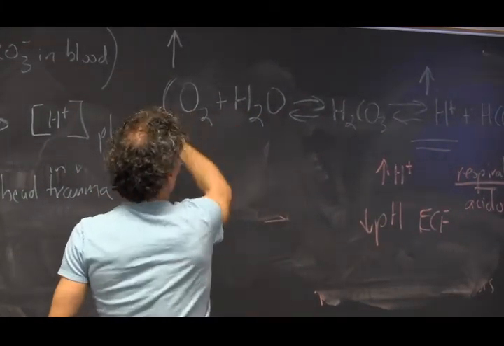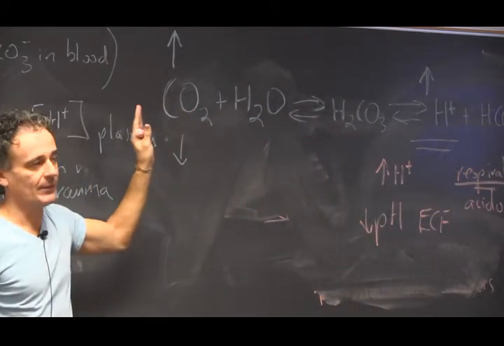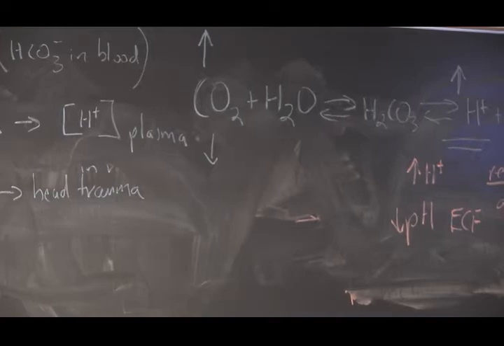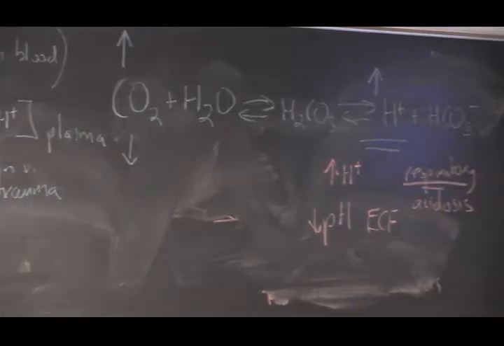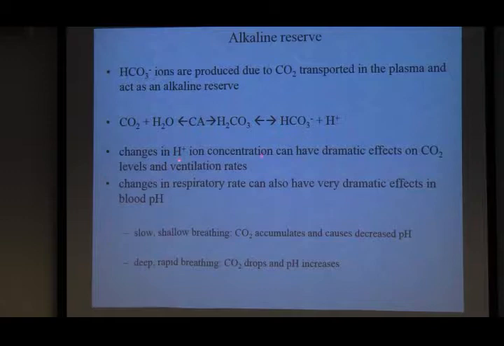And by reducing the levels of CO2, we begin to push this reaction to the left. So the idea here is that changes in respiratory rate can have very dramatic effects on the pH of blood, just as changes in hydrogen ion concentration can have dramatic effects on the CO2 levels and the ventilation rates.